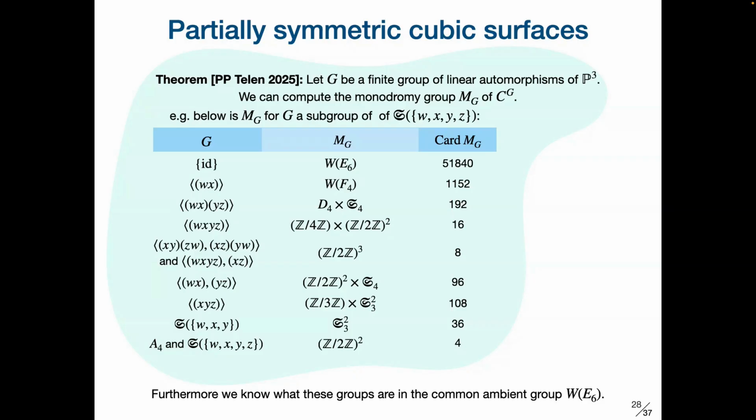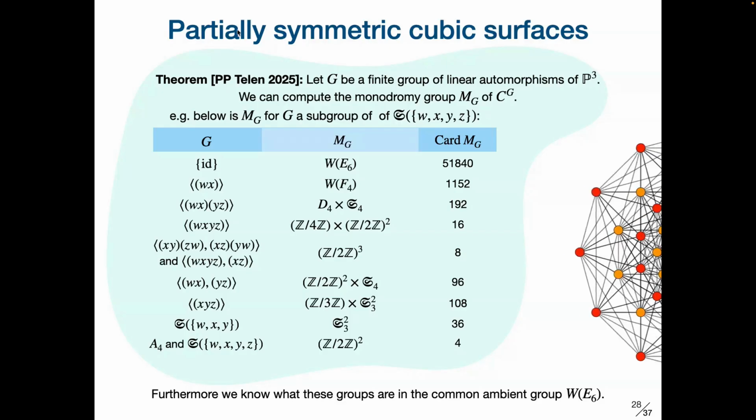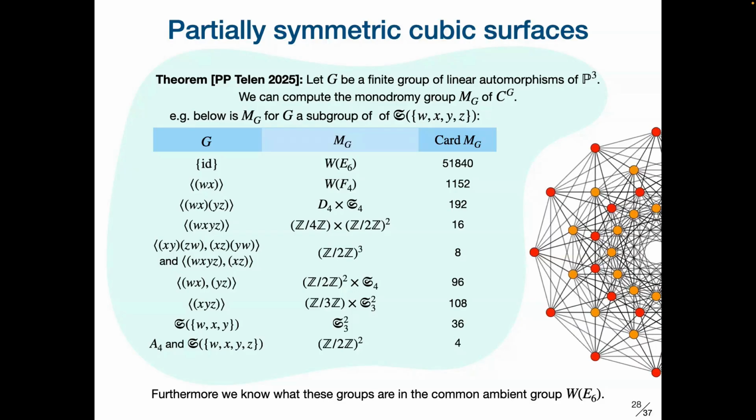And you can see that there's a wide variety of monodromy groups that appear, whose cardinality varies as well. So this is work with Simon Telen. And this is the line group E6.